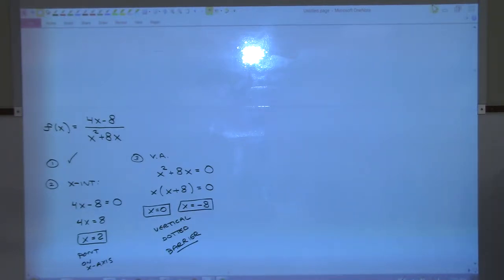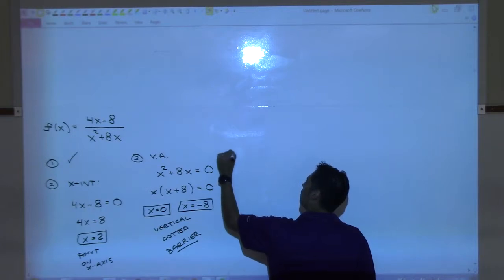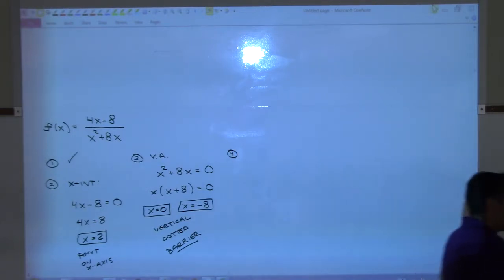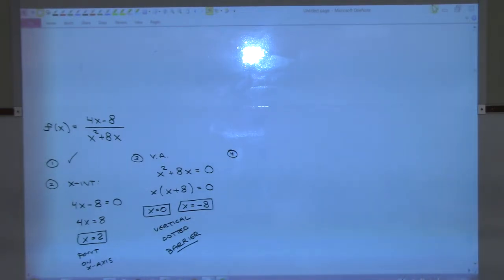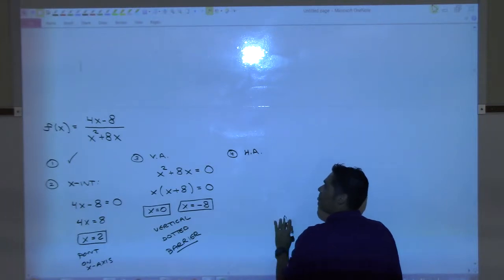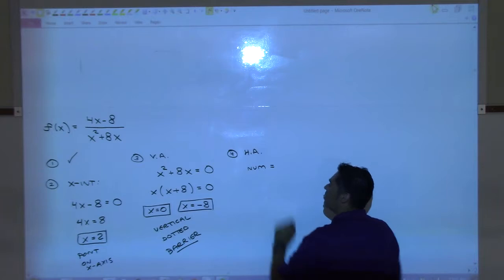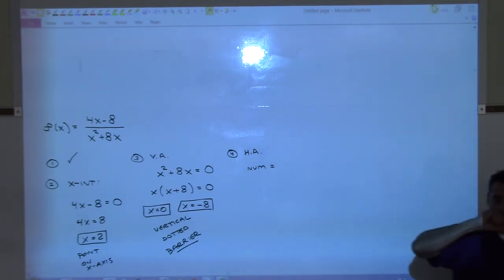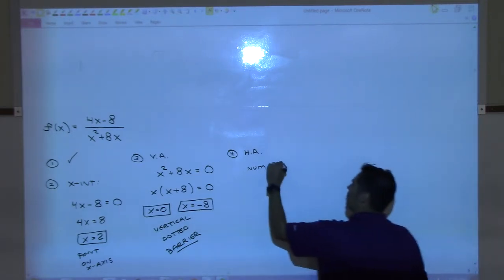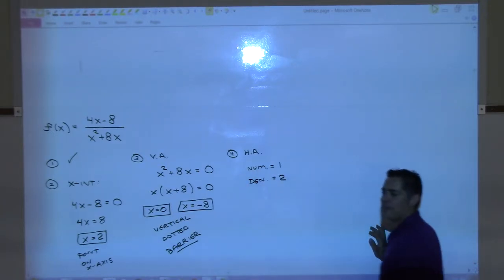Step 4, Rastim. What is step 4? If we have the horizontals, so what are we looking at, Rastim? Okay, good. So tell me what is the degree of the numerator in this problem? 1. What's the degree of the denominator in this problem? Is 2. Everyone good with that?